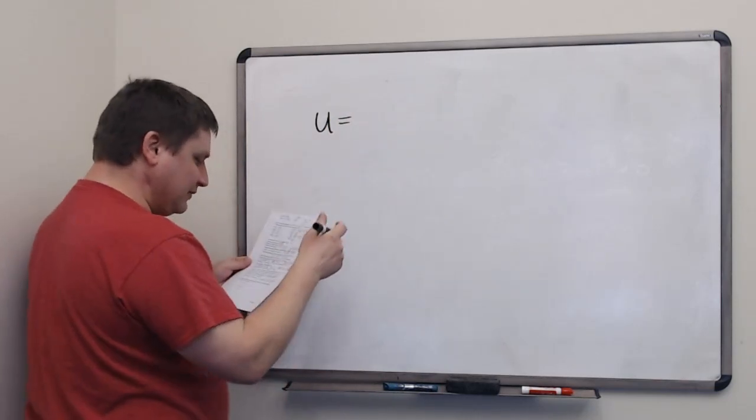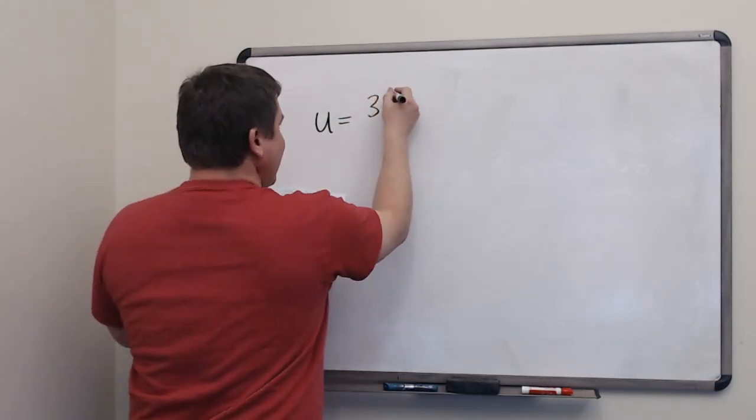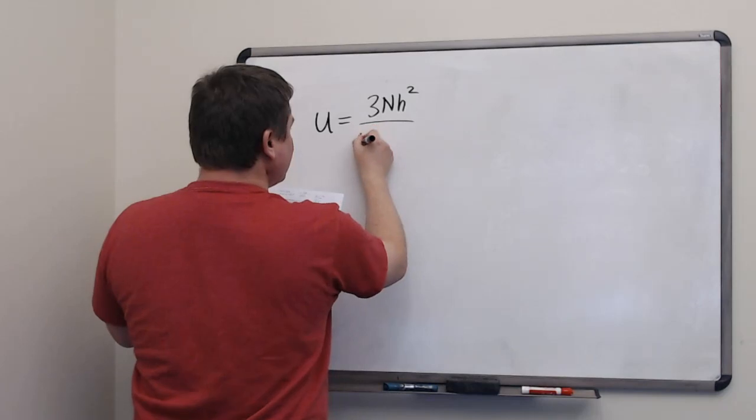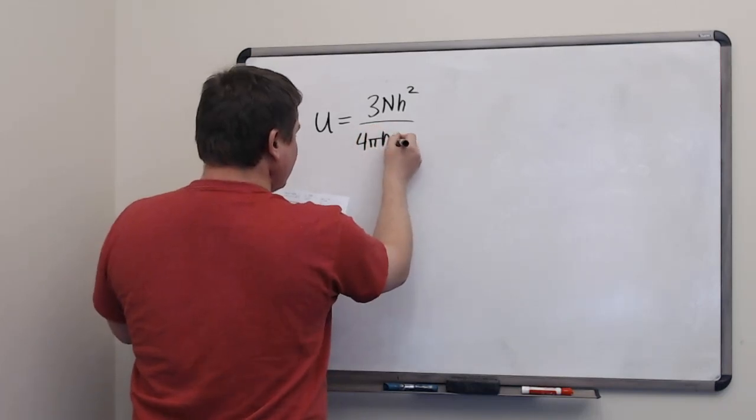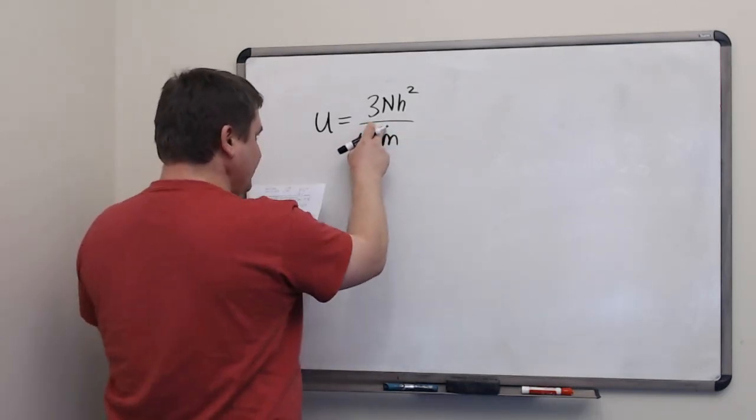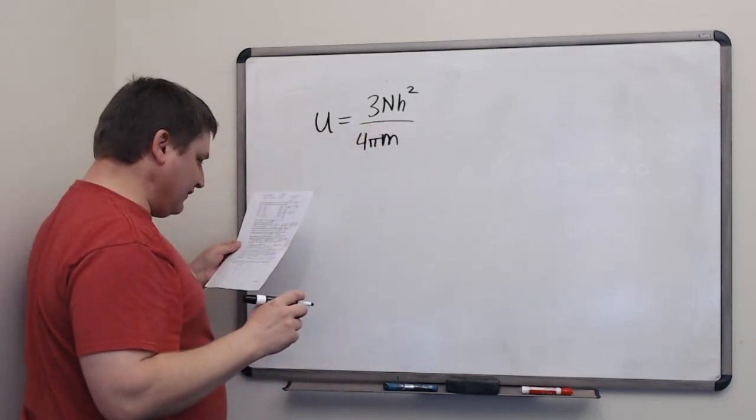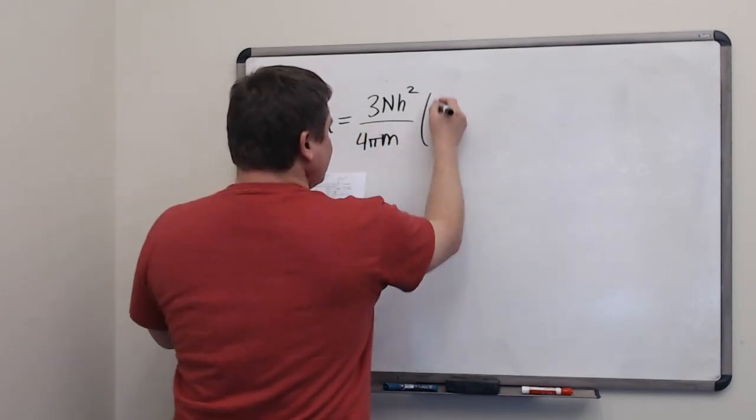we should have all been able to get to the point of having the expression for U just in terms of entropy, volume, and particle number. So that looks like this.